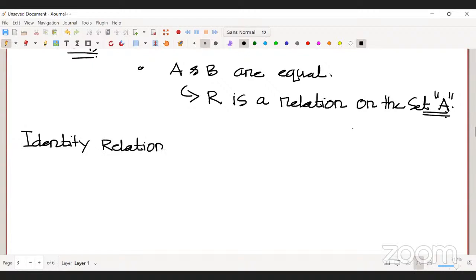Yes, you can say that when A is equal to B. You can say that R is a relation on the set B also. But I simply want to use A. It's basically terminology, so don't get confused with this A and B. Here A and B are equal. You can use B instead of A, but it's better if all of us use A.